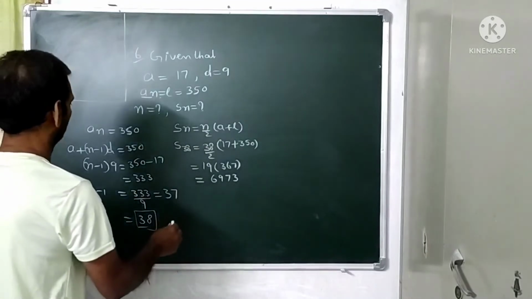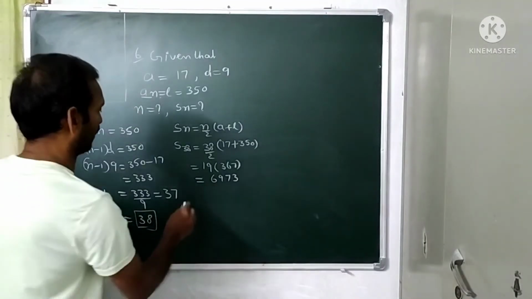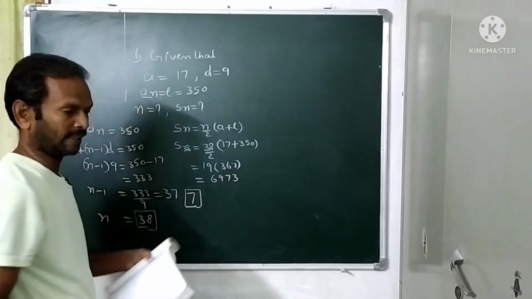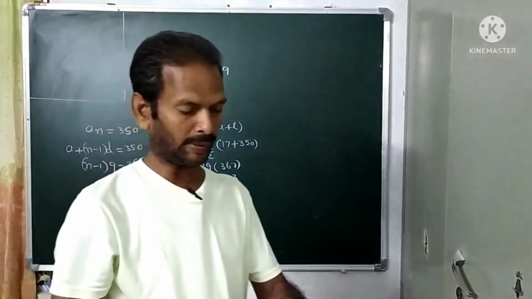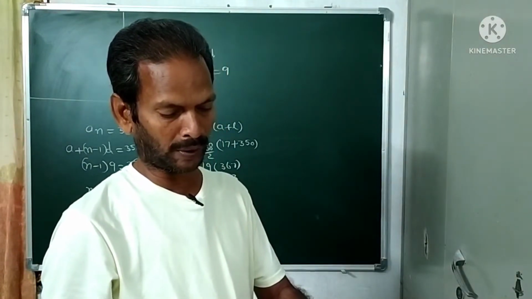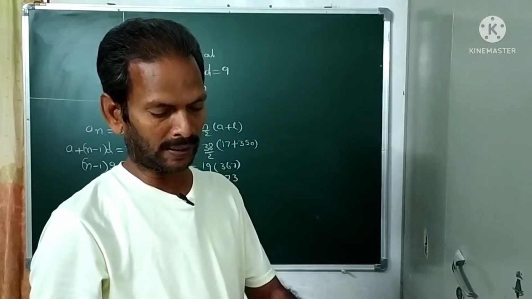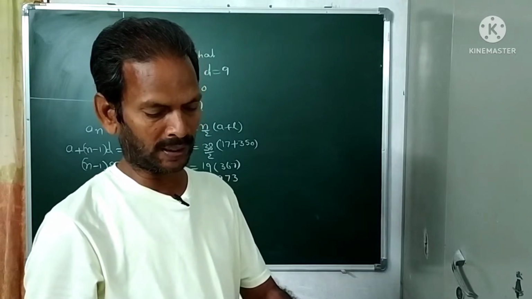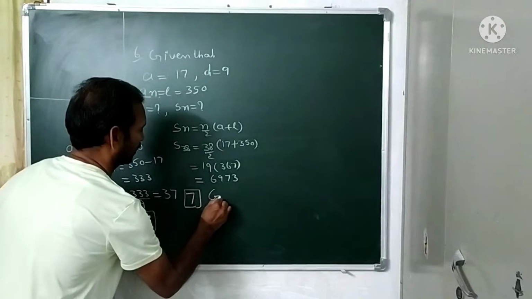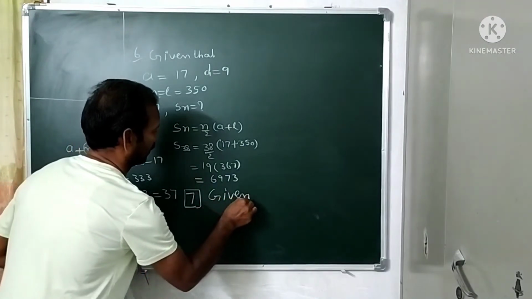Now seventh problem. Find the sum of the first 22 terms of an AP in which D is equal to 7 and the 22nd term is 149. What is given?